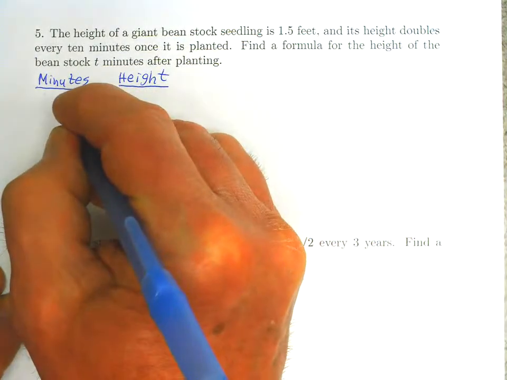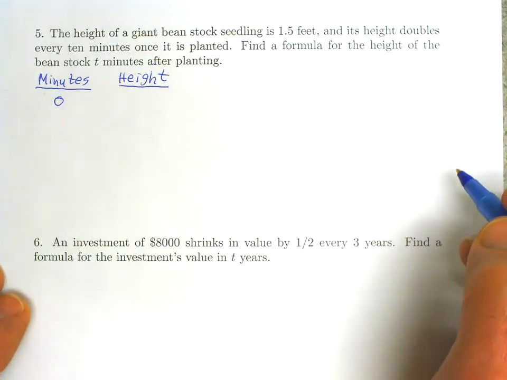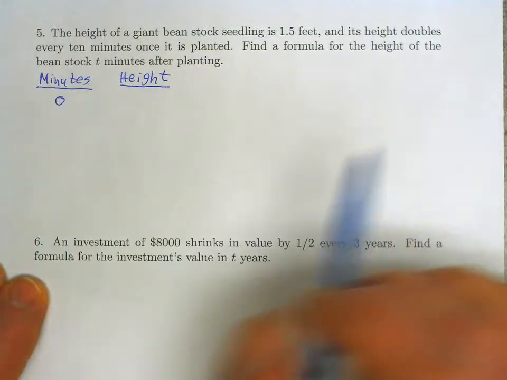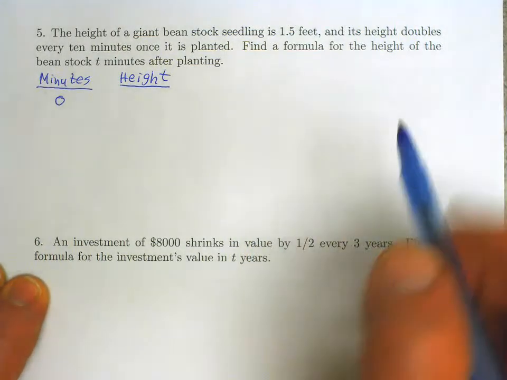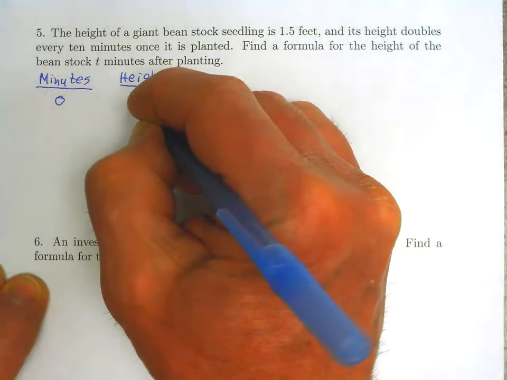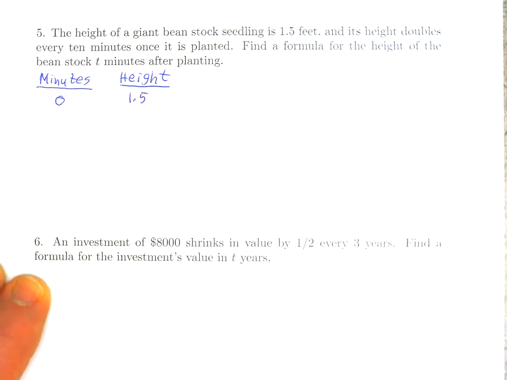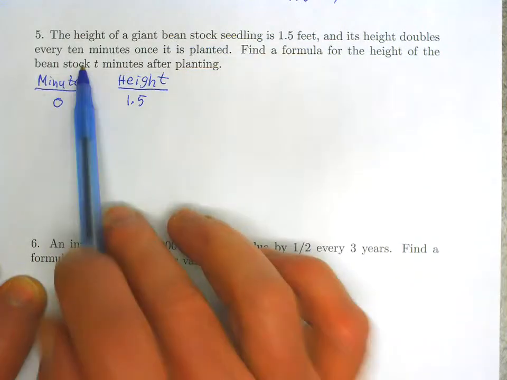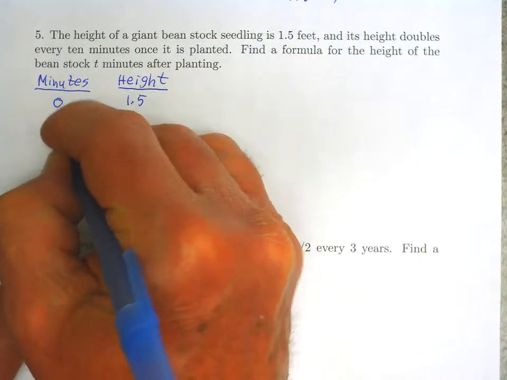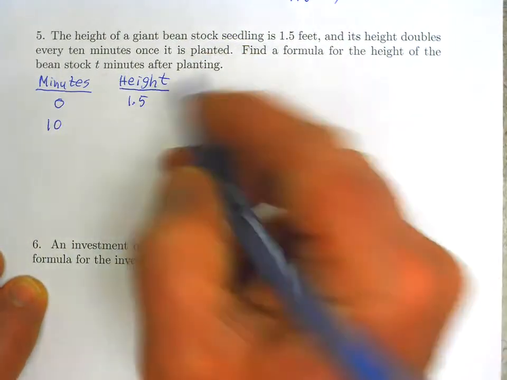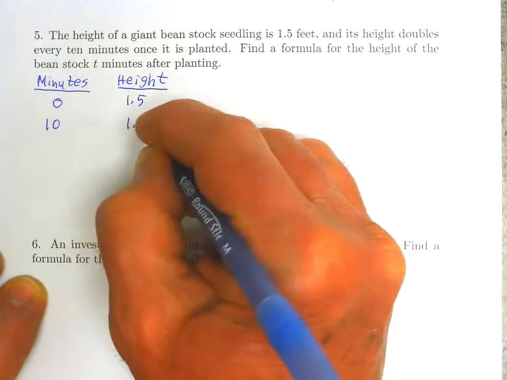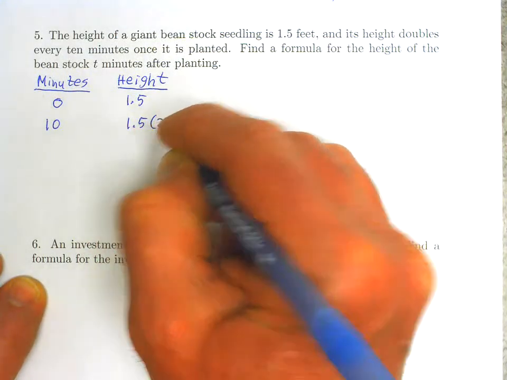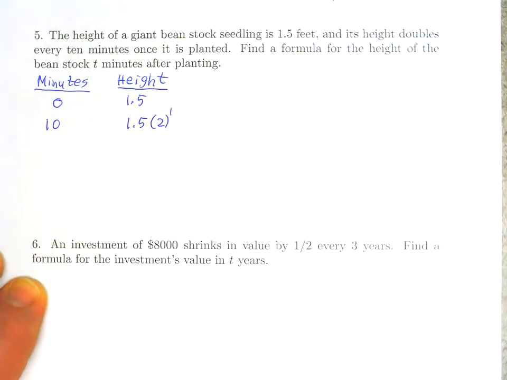So at 0 minutes, that's the instant that the seedling is planted, its height is 1.5 feet. And we're told that its height doubles every 10 minutes. So in 10 minutes, the height will be 1.5 times 2 to the first.